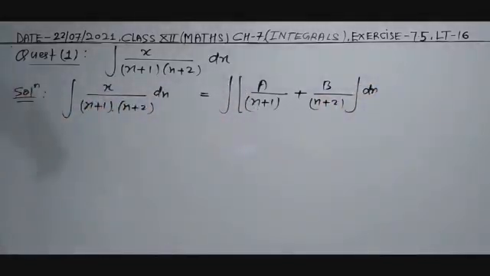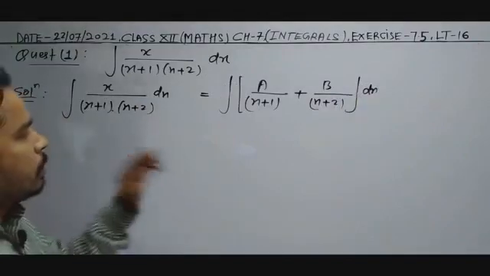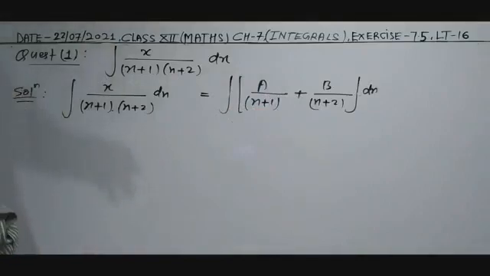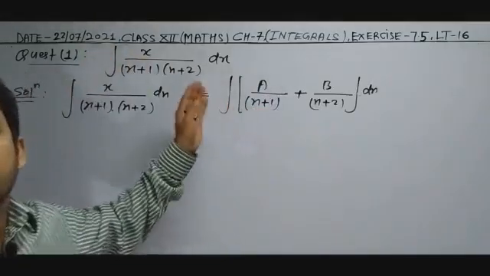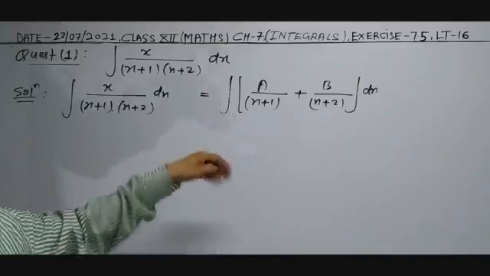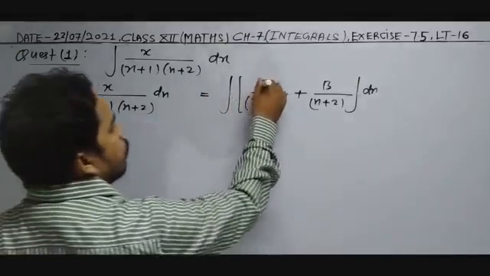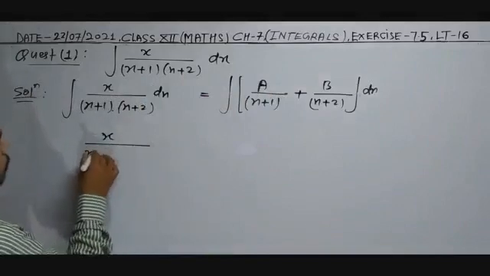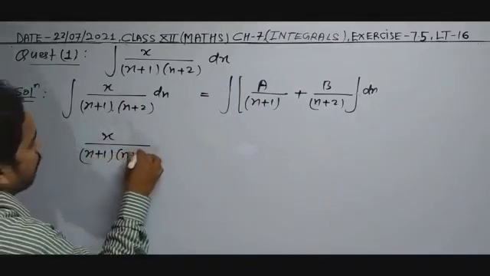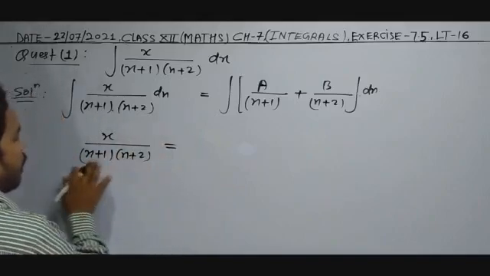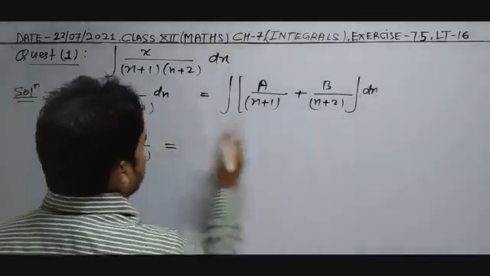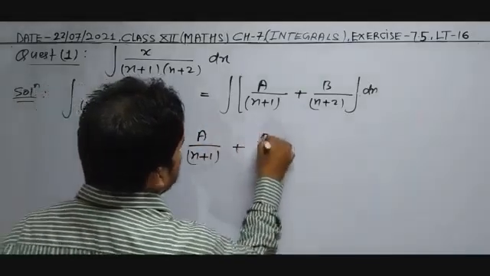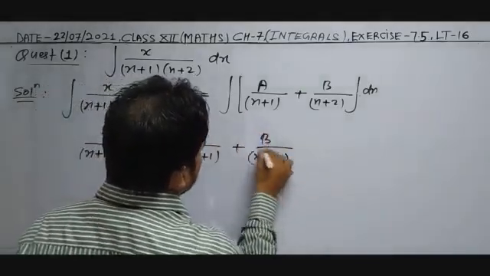Now first of all we have to solve for the constants capital A and capital B, then we will put the values of A and B and integrate. So x upon (x plus 1)(x plus 2), this single fraction I have split into two fractions, A upon x plus 1 plus B upon x plus 2.